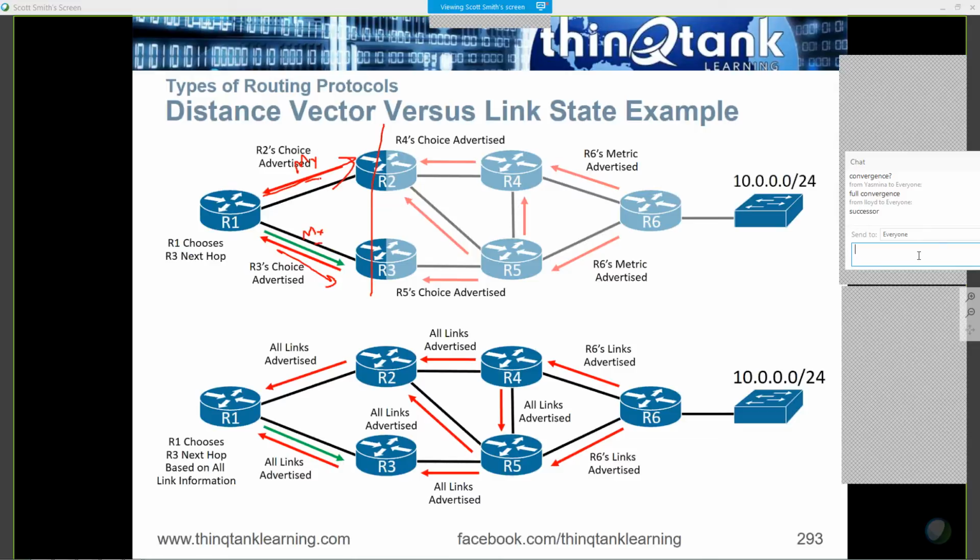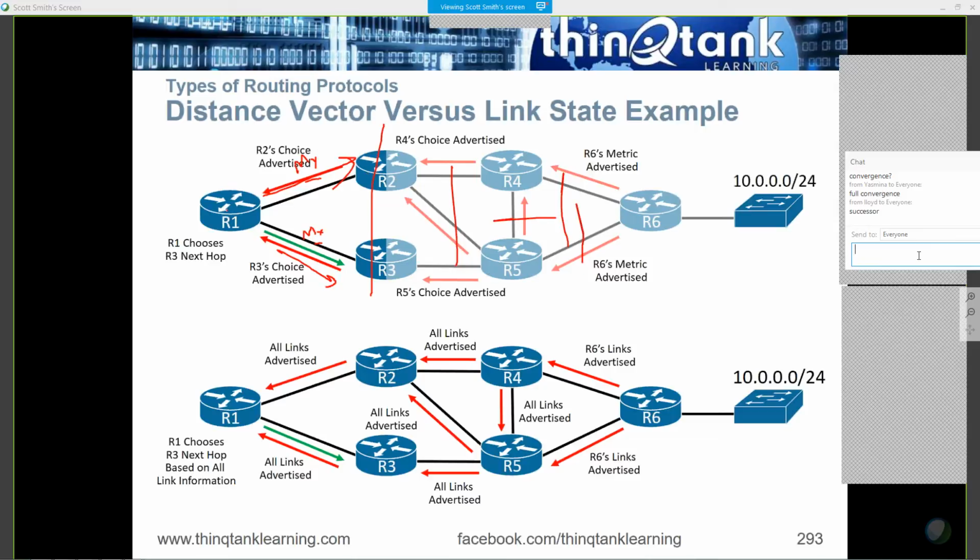Does R1 know anything about any of the links in between? It knows the direction and it knows the distance. That's it. It has no visibility about all these other paths because those other paths were not advertised to R1.